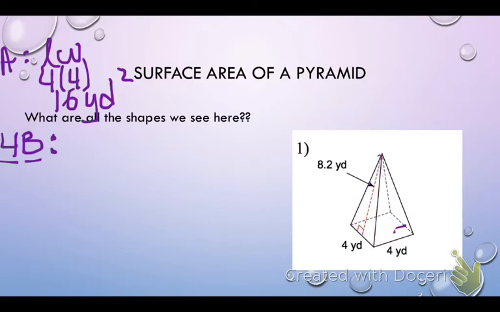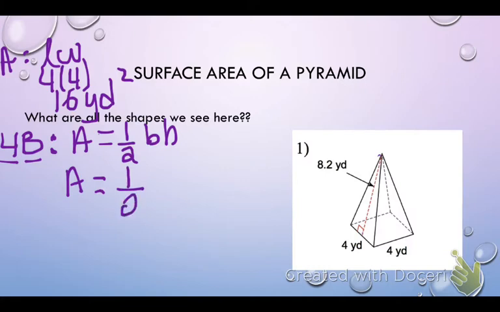So area of a triangle is 1/2 base times height. So I just substitute in my base and my height. So 1/2 base, which is 4, and height, which is 8.2, because it's given to us by that red dotted line.